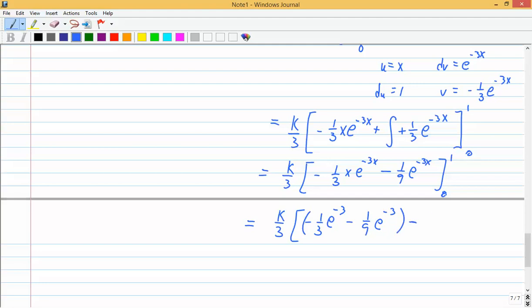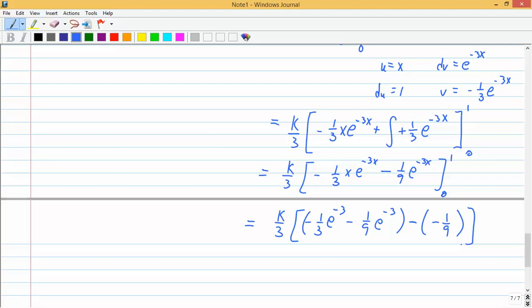Minus, when I plug in a 0, this first term is going to go away because of that 0. This second term is going to be minus 1/9, and then that's going to be e to the 0, so that's going to be times 1.